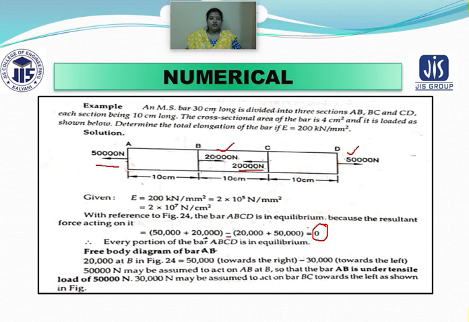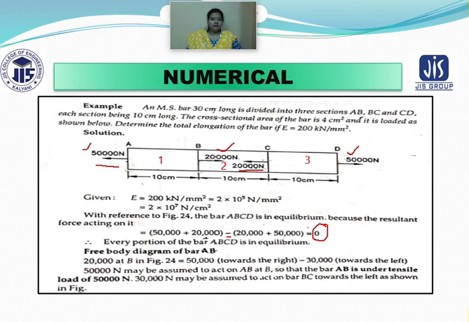Now just have a look at this particular section. Again what you have to do is name these bars. Consider this as 1, consider this as 2 and consider this as 3. In the first case, the load given is a tensile load of 50,000. So for A the calculation is 50,000 tensile load.